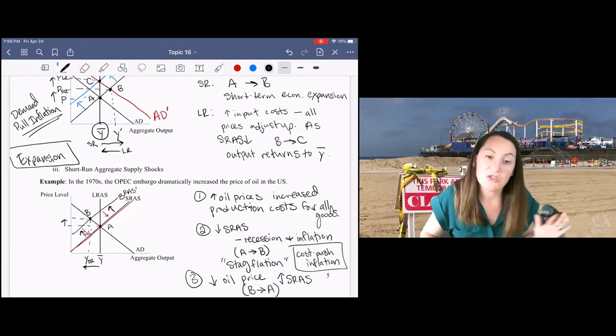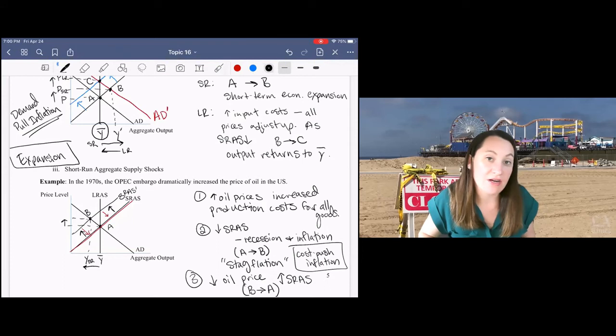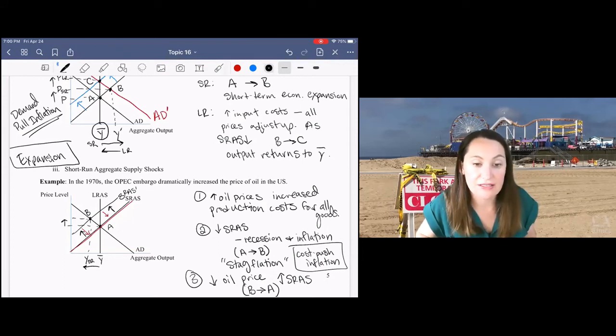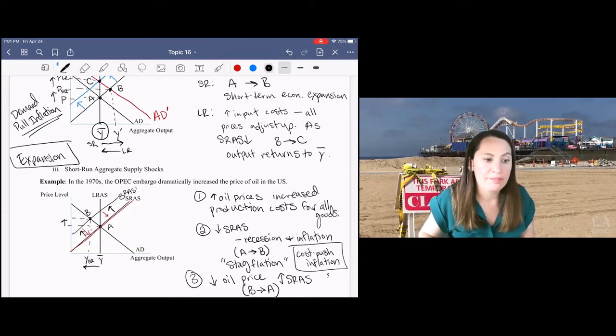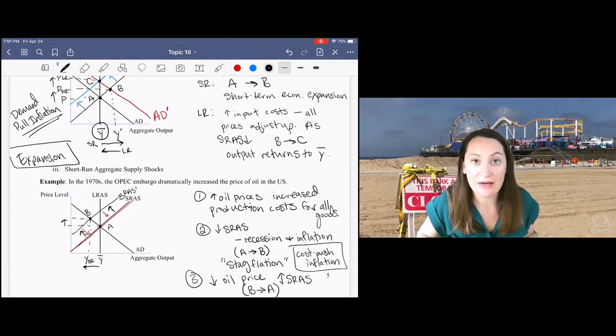Okay, good. So it is not very common to have a shock to short-run aggregate supply. It would happen if production costs across all goods in the economy were to increase. We could have a recession with inflation. We worry about that happening if we have shocks to things like oil, labor, or if we have reductions in efficiency or trade.